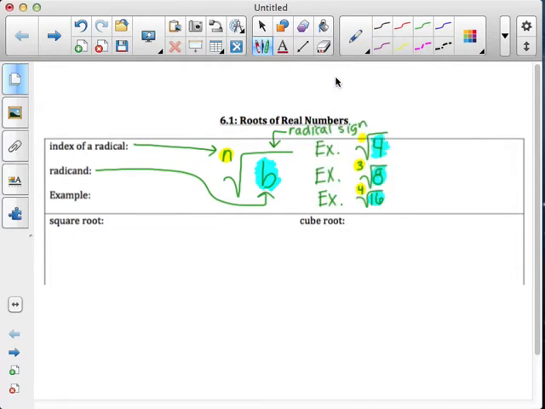So we could do, I don't know, square root of 4. What's the square root of 4? 2. Now you guys have heard often that your square roots have positive and negative values. Well, now we're going to start talking about the principal square root.